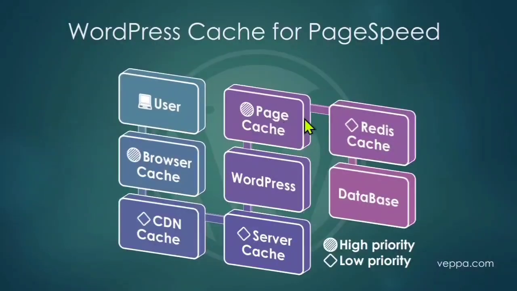After page cache, there is another option which is mostly talked about, a Redis cache, which is object cache. It stores objects in memory, so they are faster than accessing the database.